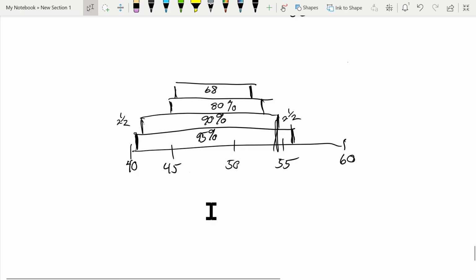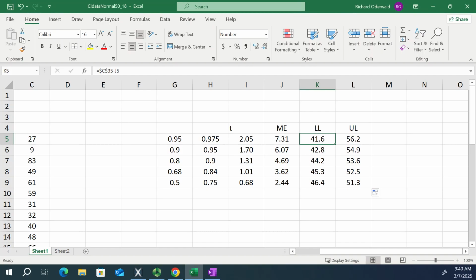And look at the margin of error for the 95% interval and for the 68% interval. How big is the margin of error for 68 compared to 95? This goes back to the empirical rule. Plus and minus 2 is 95, plus and minus 1 is 68.